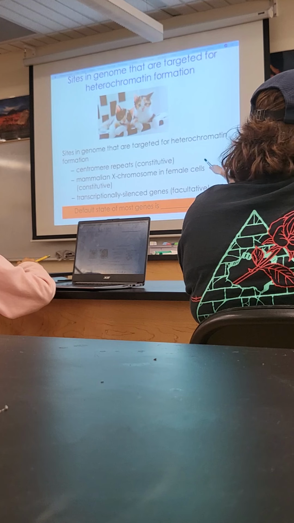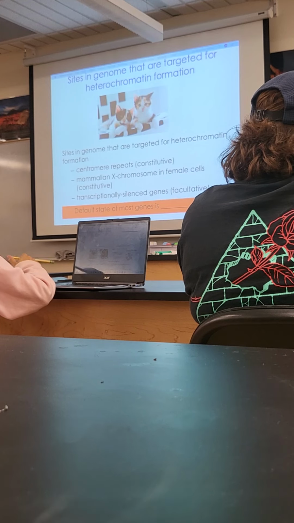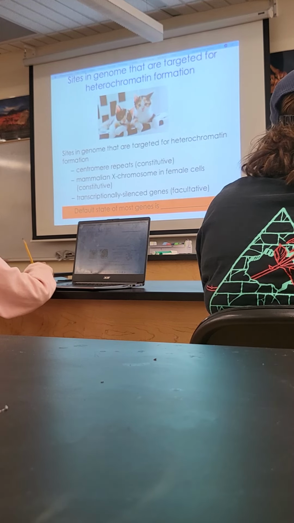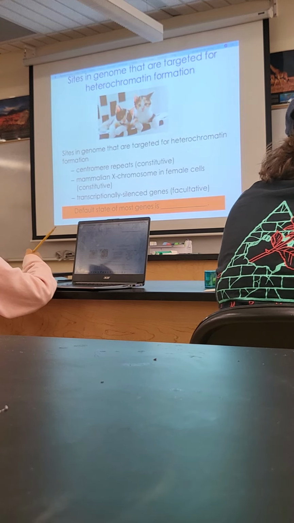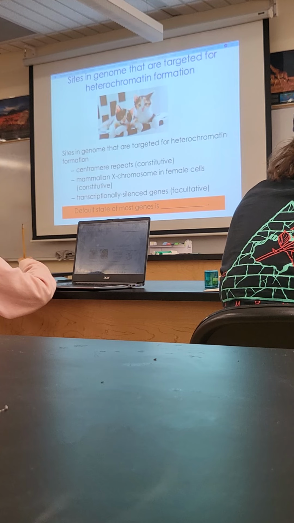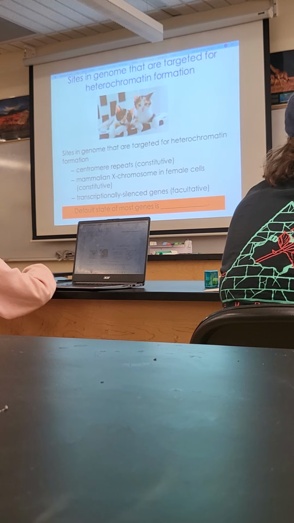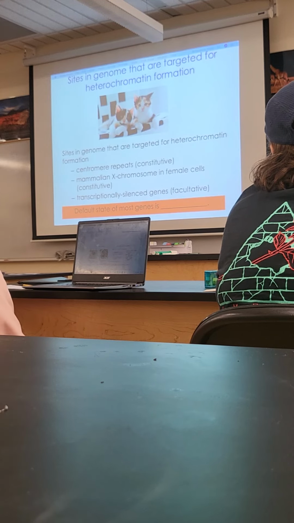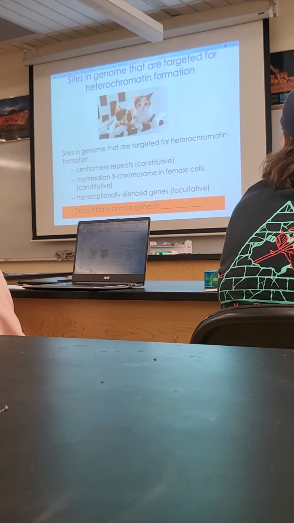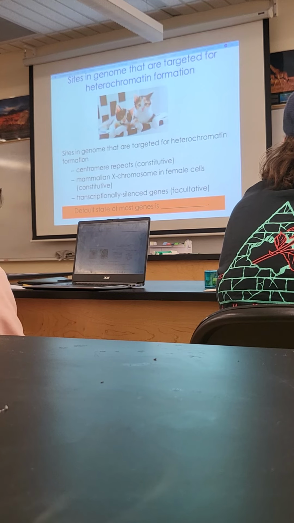One place that we silence all the time is the centromere. Just to remind you, on the chromosome structure, we've talked about telomeres. Where are the telomeres found? Yeah, way out here. The centromere, as the name suggests, is this region in the middle.